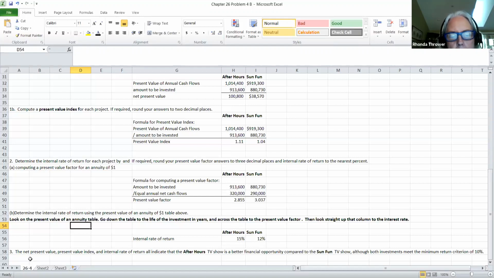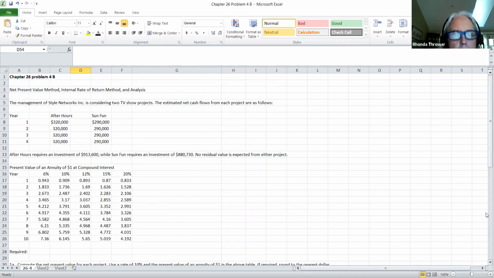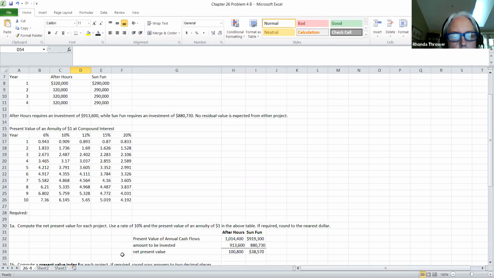So in part 3, they wanted you to fill in the blank, and it says the net present value index and internal rate of return all indicate that After Hours TV show is a better financial opportunity compared to Sun Fund TV show, although both investments do meet the minimum return criteria of 10% that was originally established here in the first requirement.